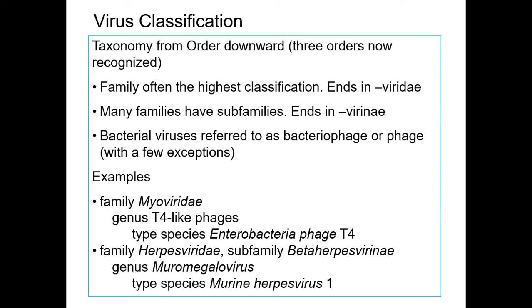An example is the family Myoviridae, genus T4-like phage, type species Enterobacteria phage T4, meaning it infects the Enterobacteriaceae family, like E. coli. Another is family Herpesviridae, subfamily Betaherpesvirinae, genus Muromegalovirus, type species Murine herpesvirus 1.